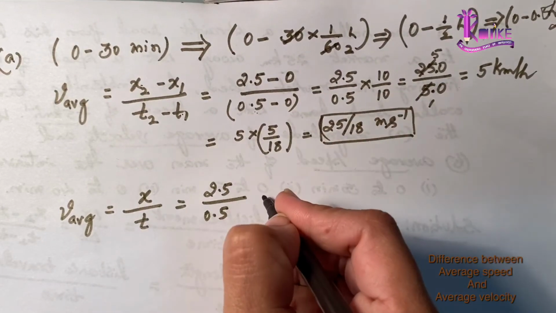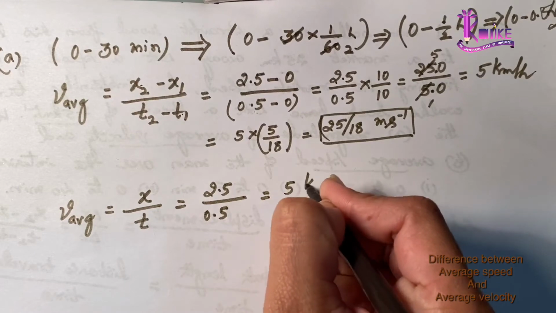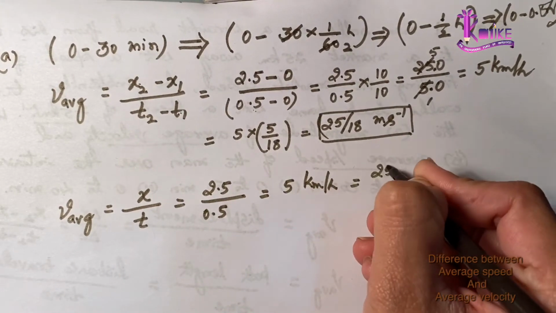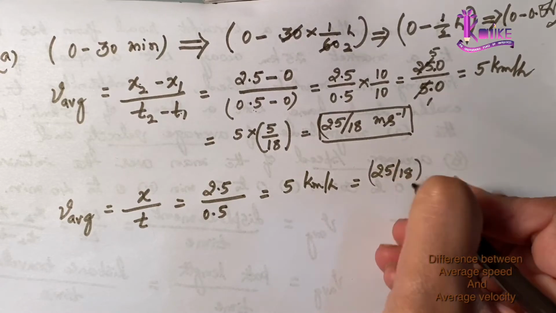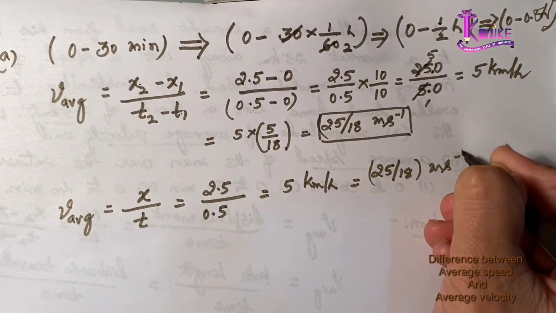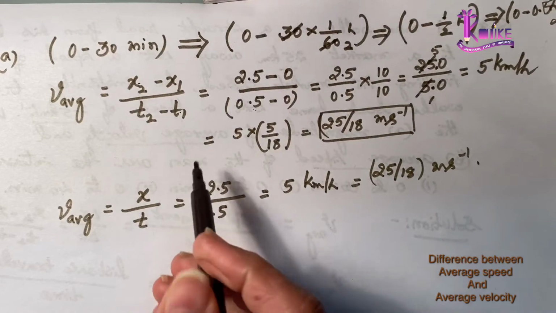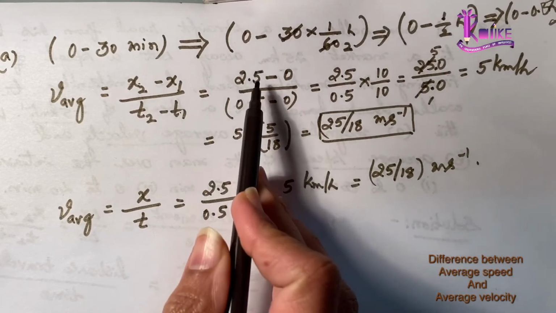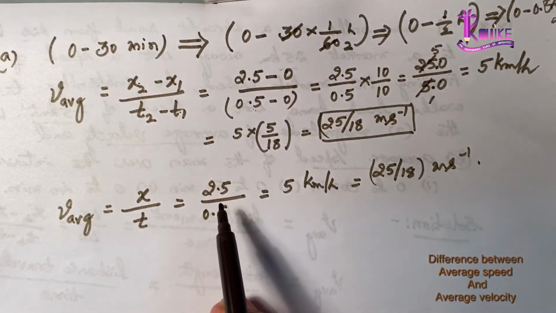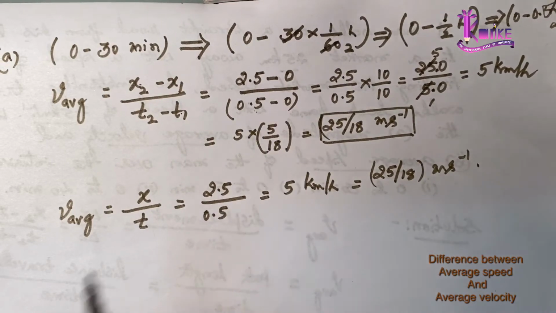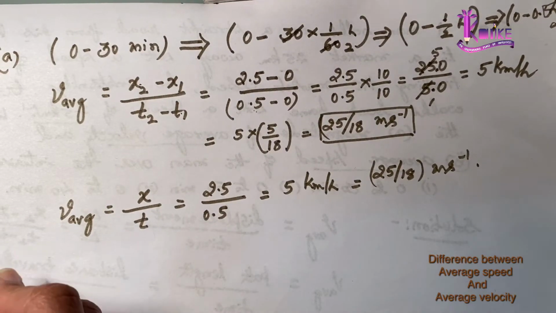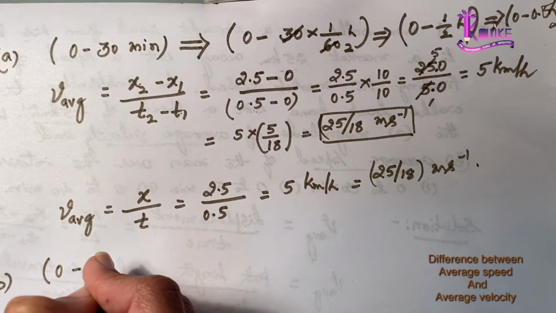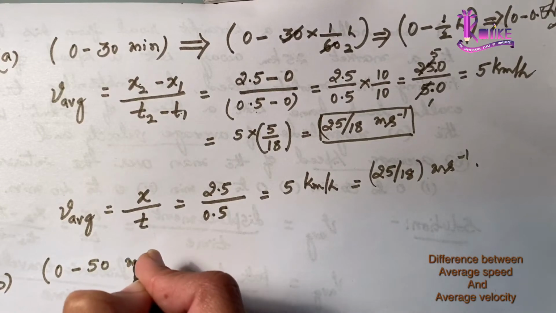So that will also turn out to be 5 kilometer per hour or 25 by 18 meter per second. So in this case, you can note down the displacement and the distance traveled are both same. Okay, so this is a valuable result.